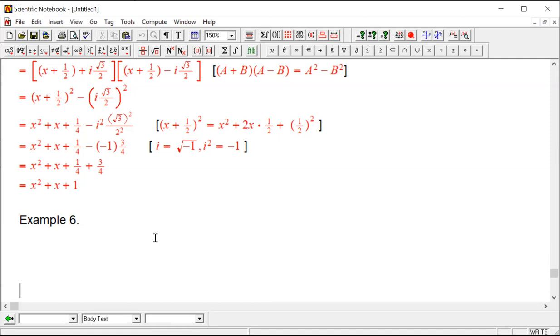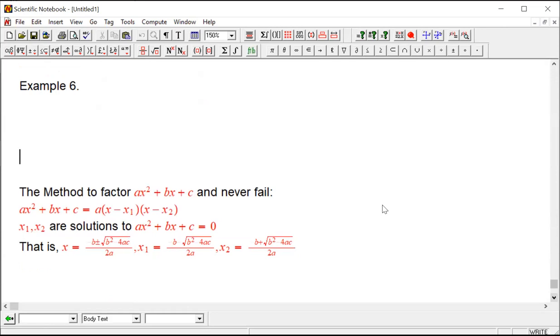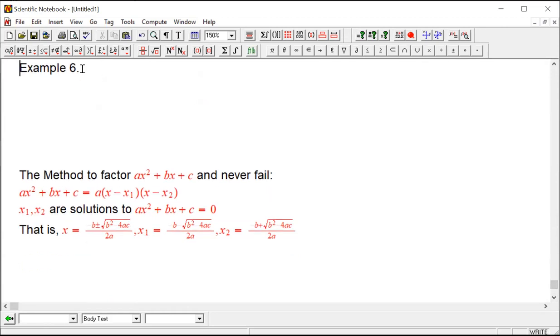Typically, it is a little bit difficult to factor by the simple method, or you just don't want to do the trial and error. But any way you wish. So, for example, I'm giving you this situation.